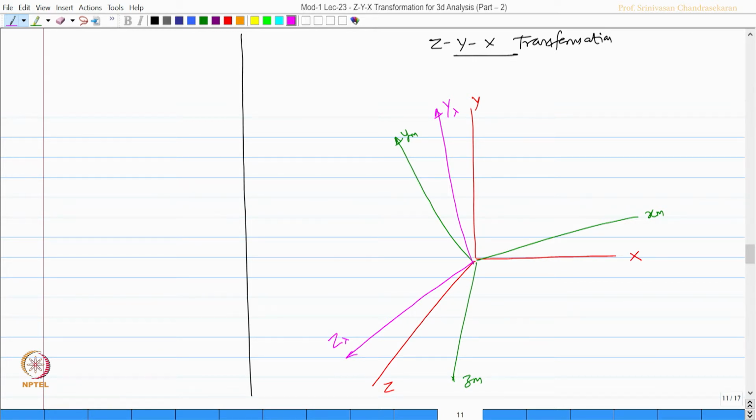If this is x, we know that z and z theta will be same, and the angle psi z will be measured between y lambda and y m. Similarly, z lambda and z m.